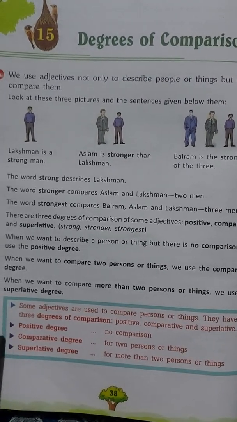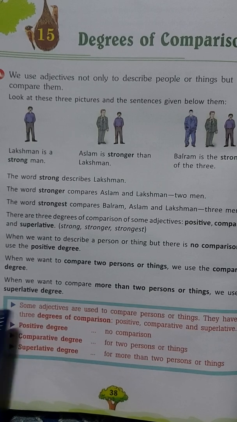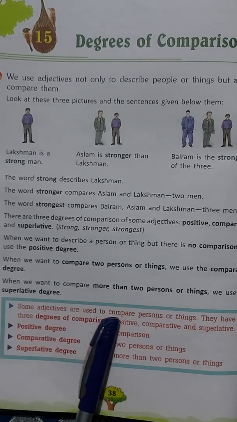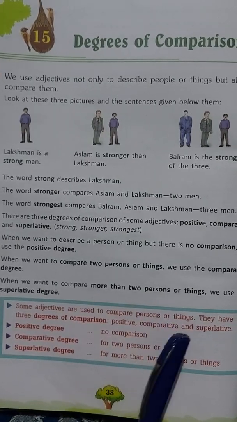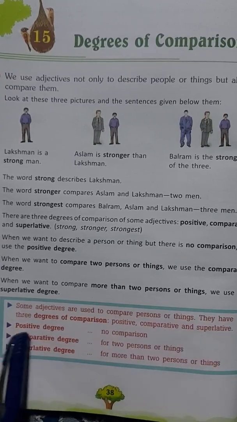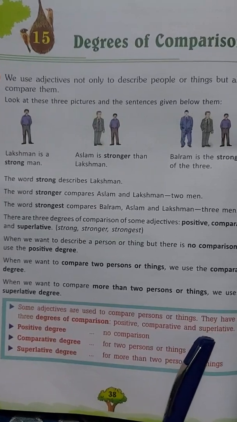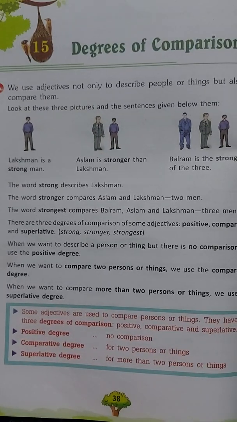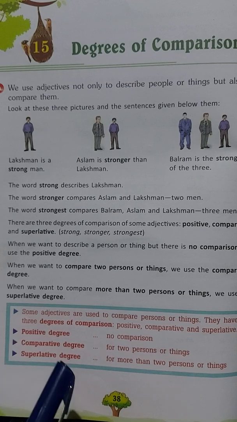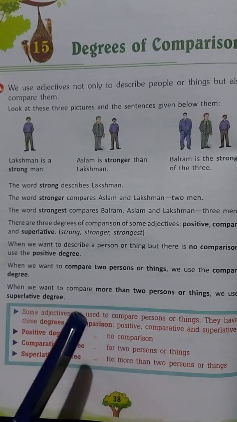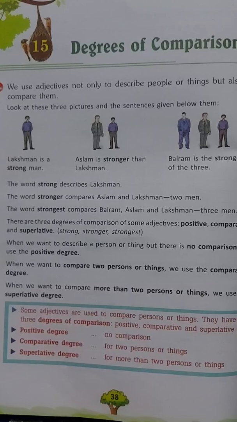Now let's have a look at this box also. Some adjectives are used to compare persons or things. They have 3 degrees of comparison: positive, comparative, and superlative. So children, we use adjectives not only to describe people or things, but also to compare them.